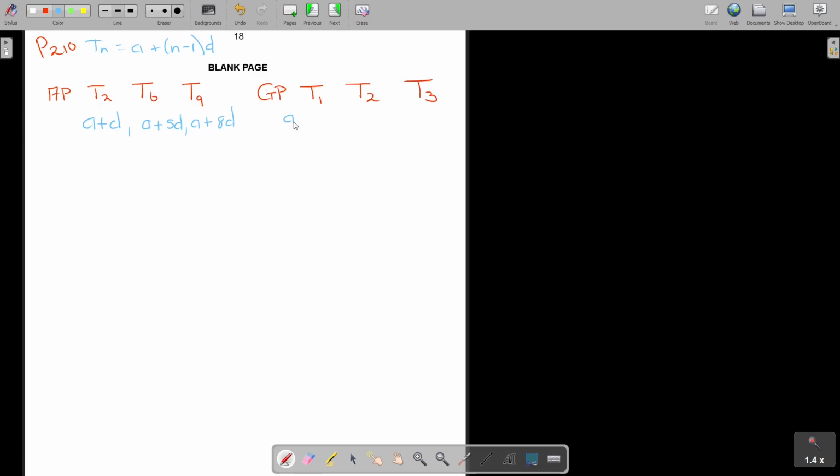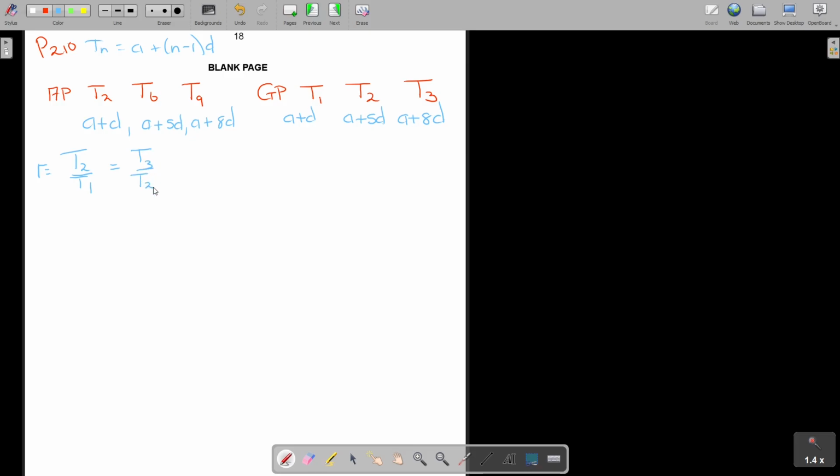So this is still my first term. I'm just going to keep it in terms of A and D. This is my second term in the GP, and this is going to be my third term in the GP. Okay, so now I'm going to try to find the value of R. To find the value of R, it's either T2 over T1, and that must be equal to T3 over T2.